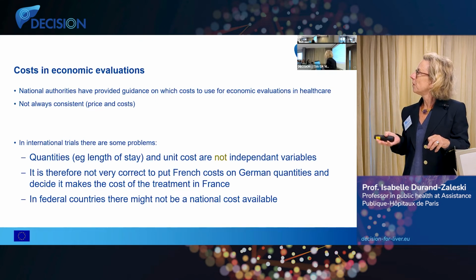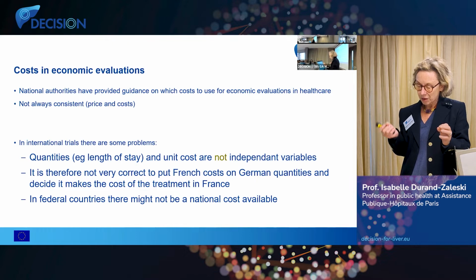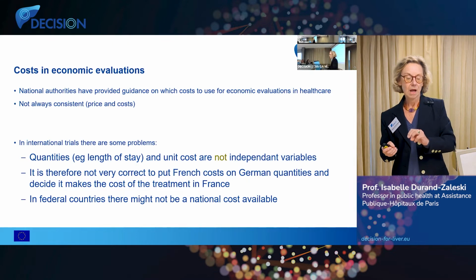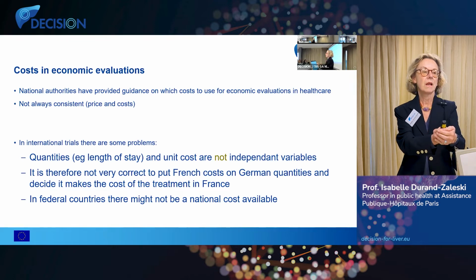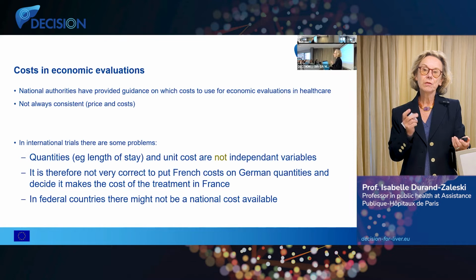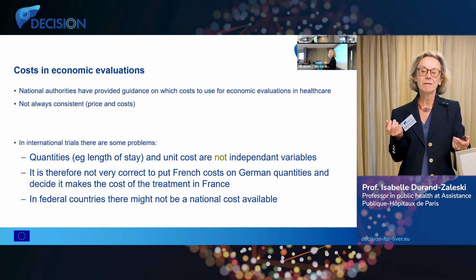And in economic evaluations, we measure costs and we measure health. Now, what is important to understand for the calculations is that the two are not independent variables, and that they are highly correlated. For example, if you put a stent somewhere, there is a one-off cost.